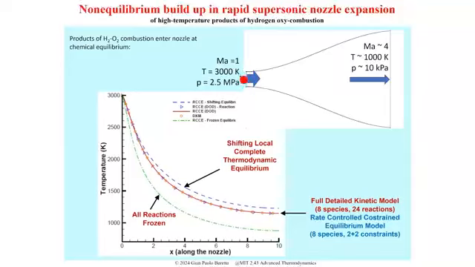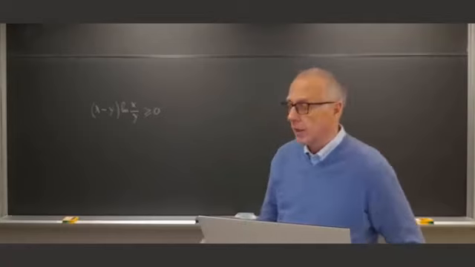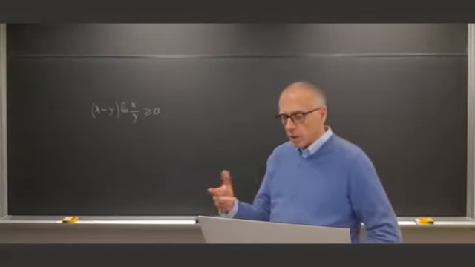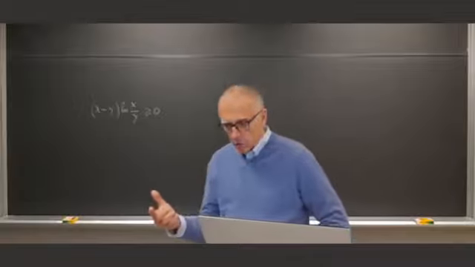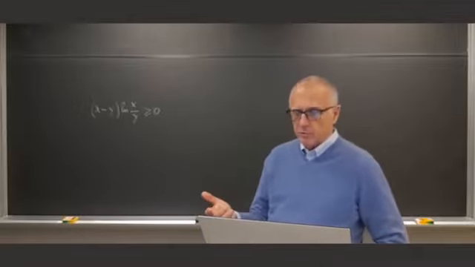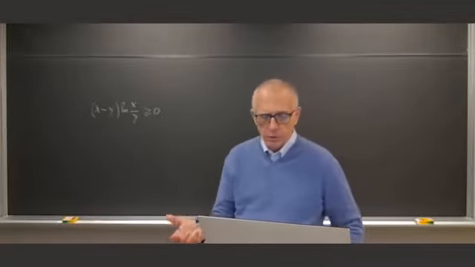Here, at the entrance of the nozzle, we have chemical equilibrium. So the composition here is that of chemical equilibrium, and this is the temperature. As it expands, you would think that the chemically effective collisions are fast enough to keep up and maintain chemical equilibrium.